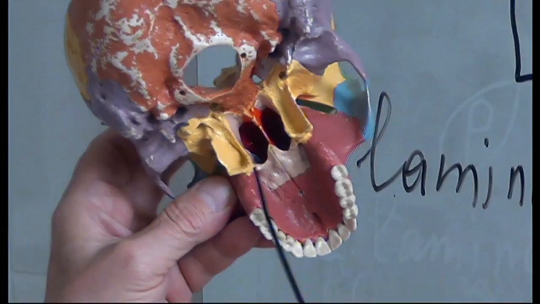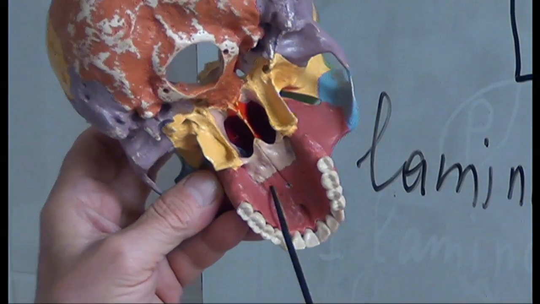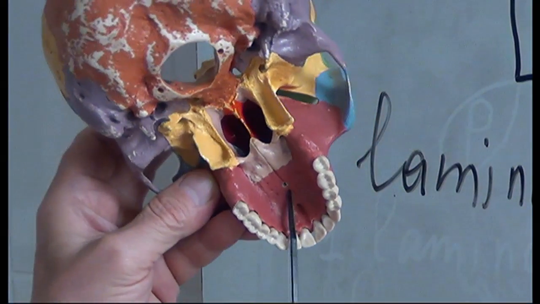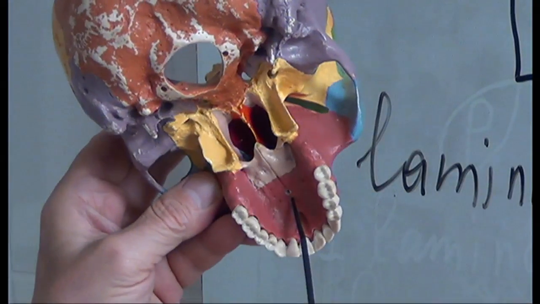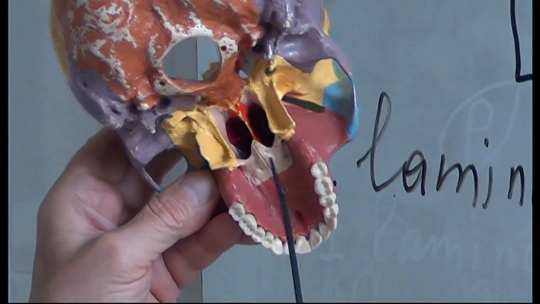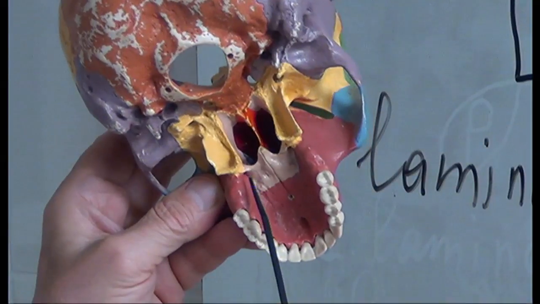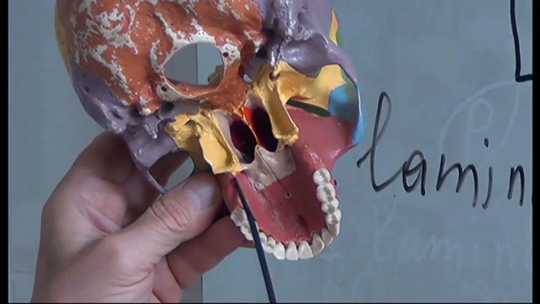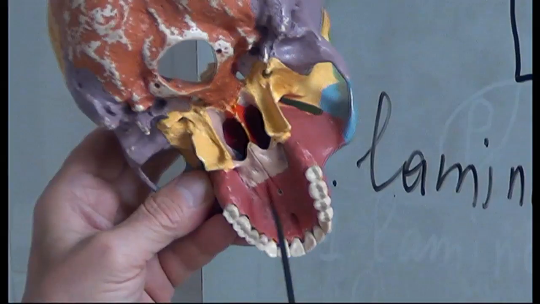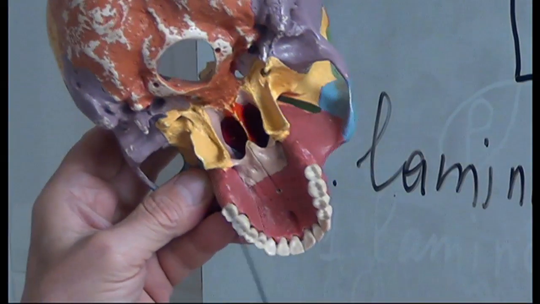And we can see here that the palate consists of 4 bones. Practically, there are 2 symmetrical pairs of bones.